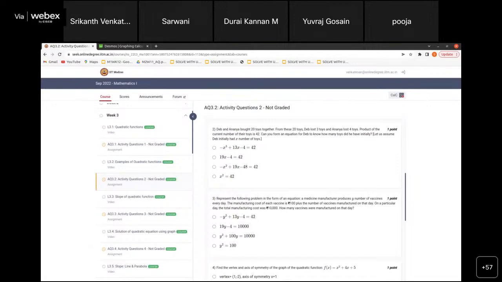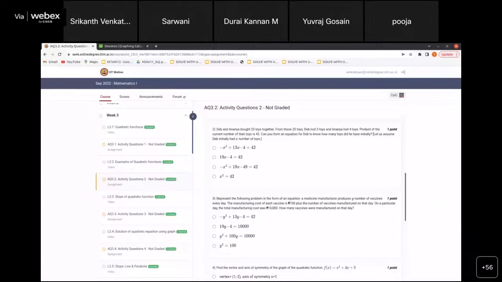Like this we have given you the product 42, but we don't know how many toys you or your friend currently have. The only information we know is that the total number of toys when you bought is 20, out of which you lost 3 and your friend lost 4, and the current product is 42.